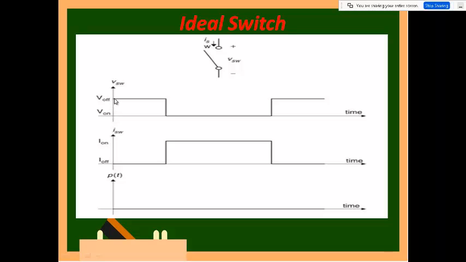Straight away, across the switch you will have maximum voltage. And if I switch on, there is no time delay. Suddenly voltage reaches zero, and at that instant current also reaches maximum. This is possible only in the case of an ideal switch, because nothing can be operated with zero operating time.